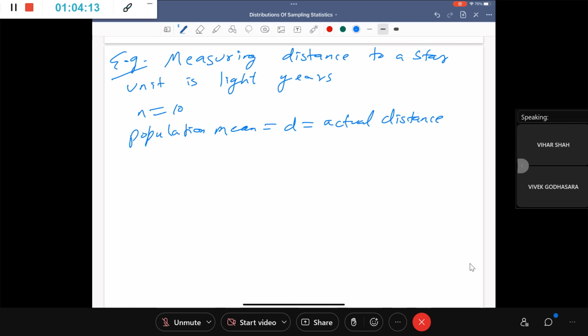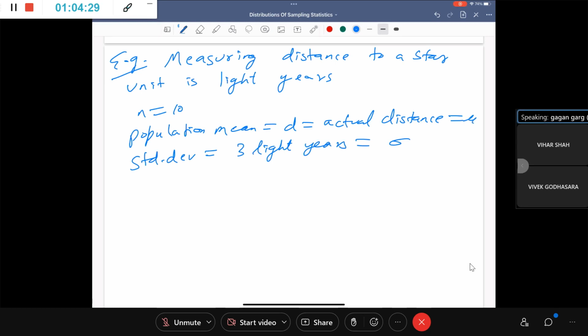And then the standard deviation of your readings is 3 light years. Your sigma. And this is your mu.